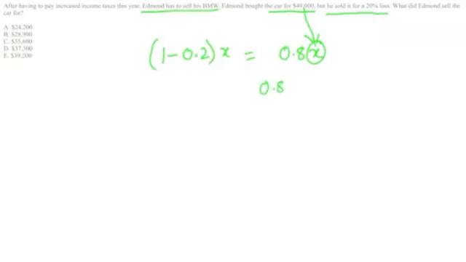So 0.8 into 49,000. Multiply by 8, and it becomes 39,200. That's the answer. If some price or value has been decreased by 20%, it becomes 0.8 of that value. That's how we calculate.